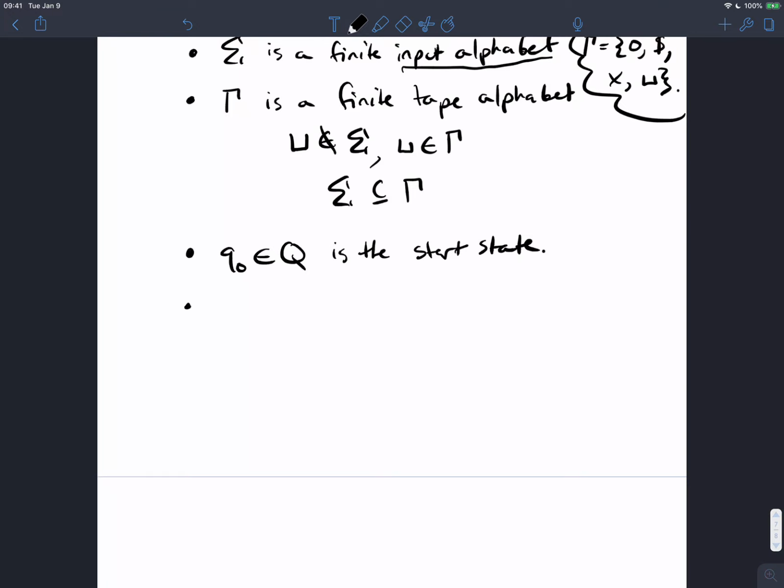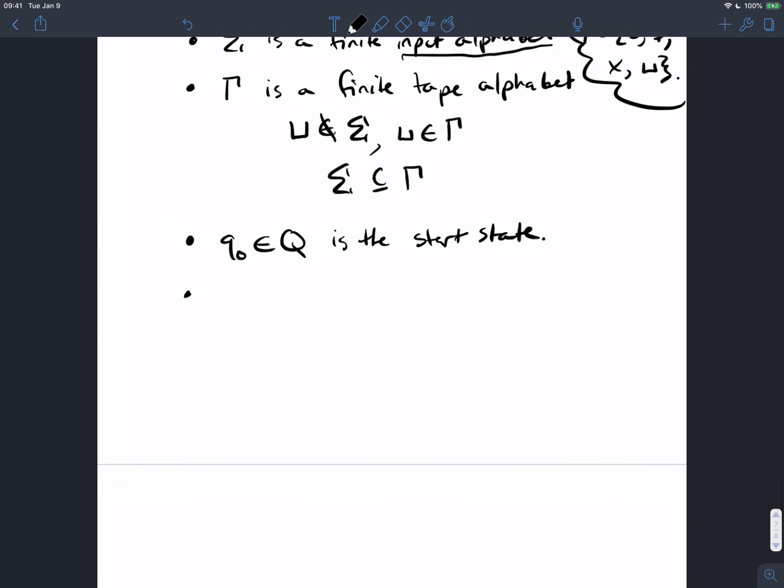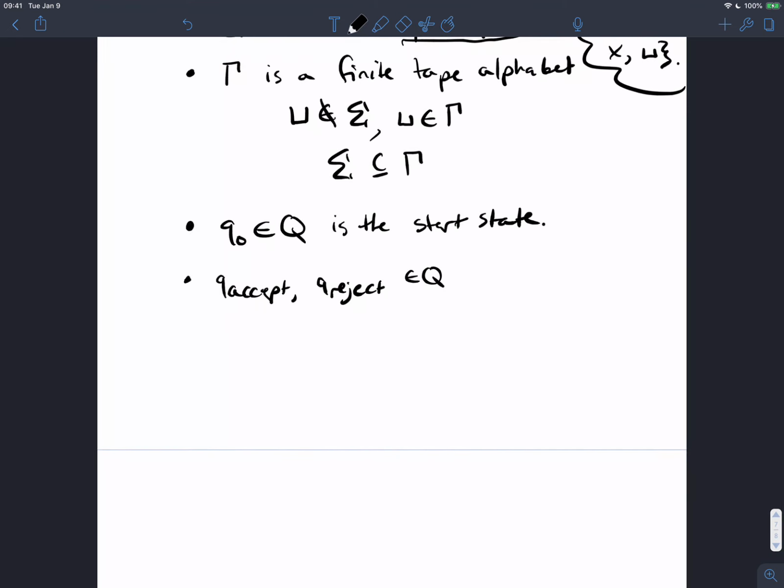But what other states must we have in a Turing machine? Well, we need this accept and reject thing because I need to know when to stop. So we need to have two states, Q accept and Q reject, in Q. What else should we insist about Q accept and Q reject? Can they be the same state?